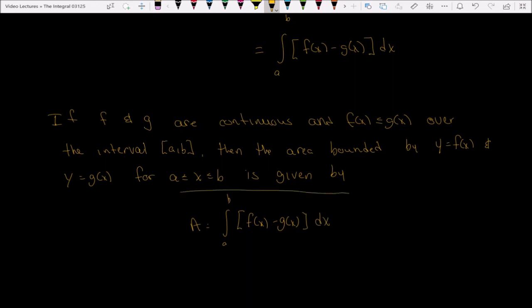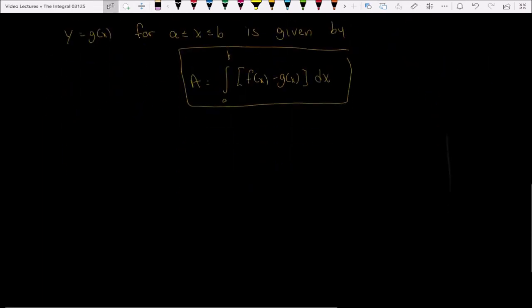In other words, it is the integral over the interval of the larger function minus the smaller function. We will now look at examples.